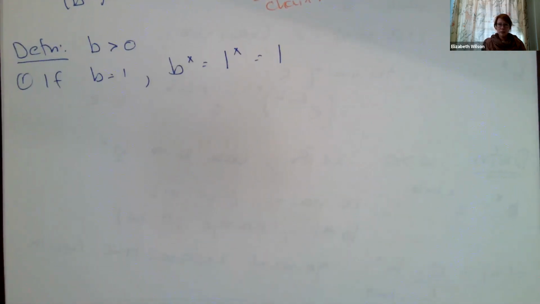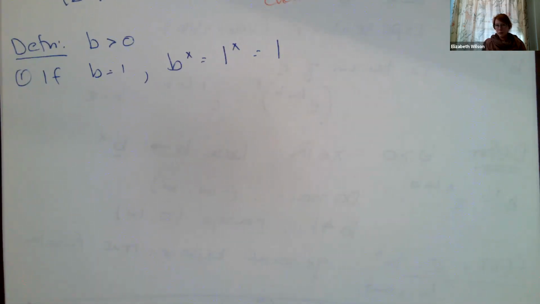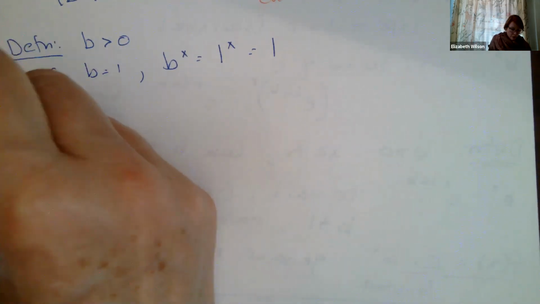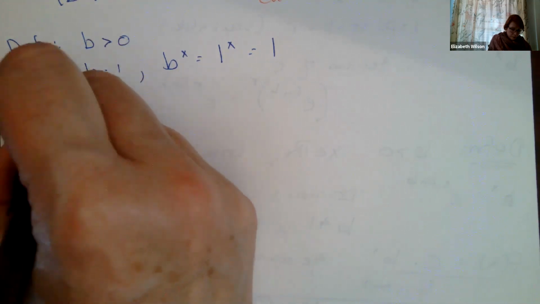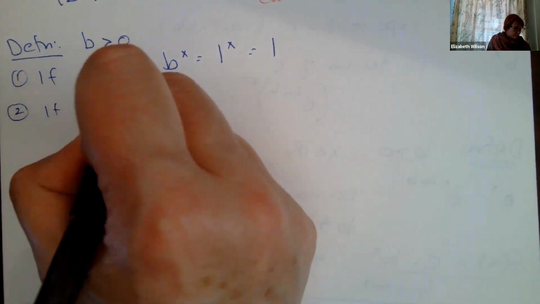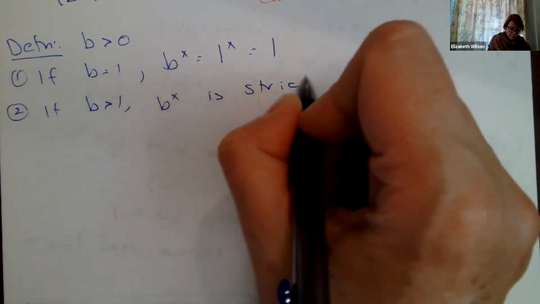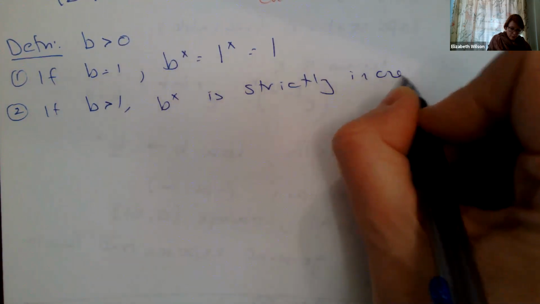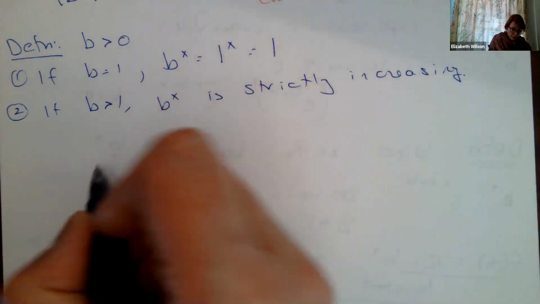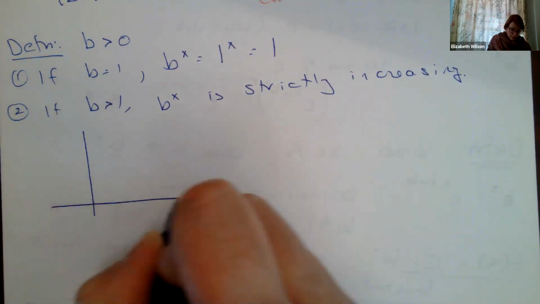That's why we typically say we're not going to have b equal to 1, because y equals 1 is just a straight line. Second, if b is greater than 1, then b to the x is strictly increasing, and our function looks like this.